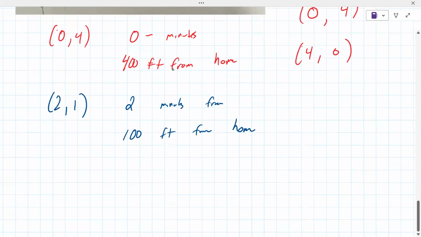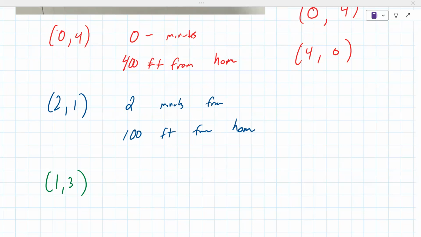I want you to tell me what this means. What does the X value refer to?